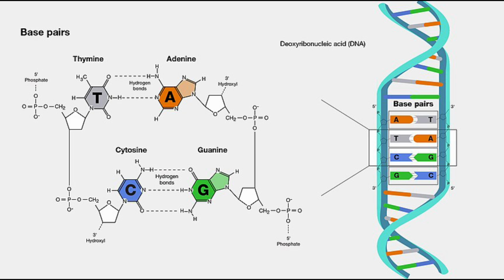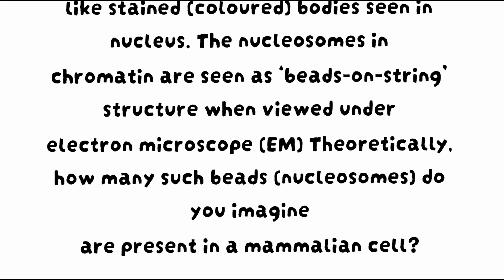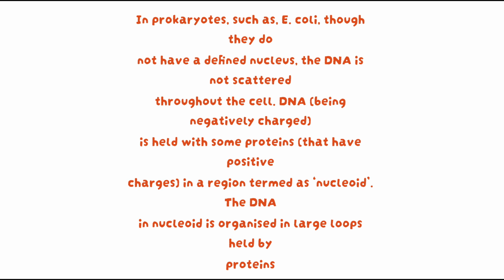The distance between consecutive base pairs is 0.34 into 10 raised to minus 9 meter. The length of the DNA double helix in a typical mammalian cell is calculated simply by multiplying the total number of base pairs with the distance between two consecutive base pairs, that is 6.6 into 10 raised to 9 base pairs into 0.34 into 10 raised to minus 9 meter per base pair, which comes out to be 2.2 meter, a length that is far greater than the dimension of a typical nucleus, which is approximately 10 raised to minus 6 meter.